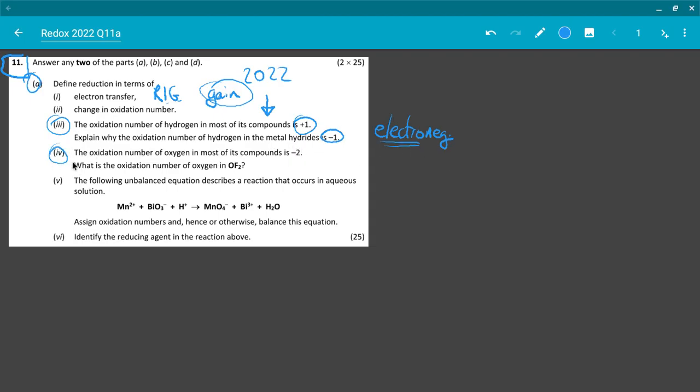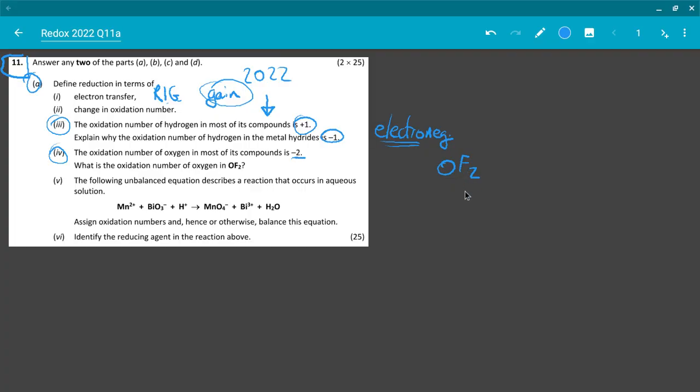And similar here, the oxidation number of oxygen in most of its compounds is -2. What is the oxidation number of oxygen in OF2? We've got OF2, fluorine, the most electronegative atom in the periodic table of elements.